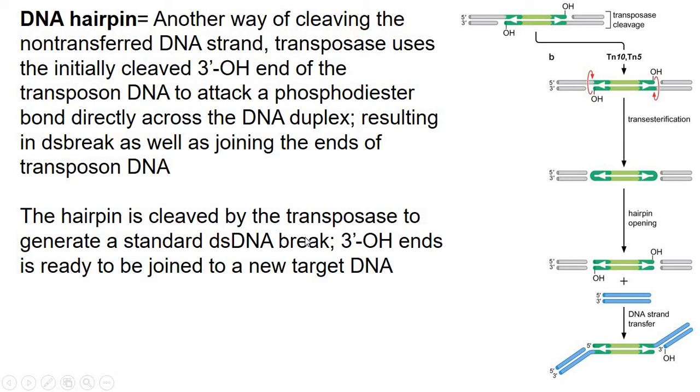This hairpin is then cleaved by the transposase, because the element has its own transposase sequence that will make these cuts whenever it's ready to integrate itself. And these 3' hydroxyl ends are ready to be joined to new target DNA, and will make these breaks in the target DNA.